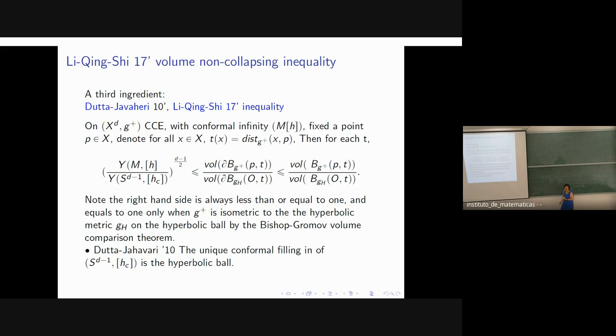This is the classical global Bishop comparison theorem on the hyperbolic ball.